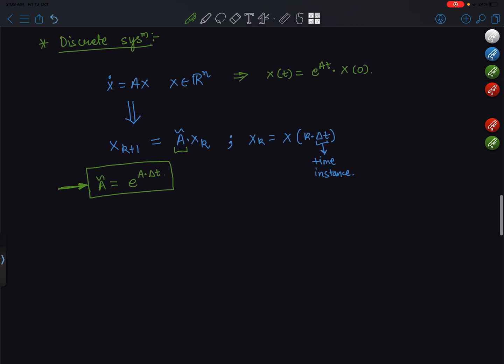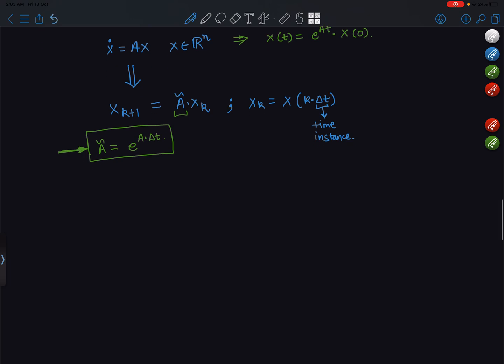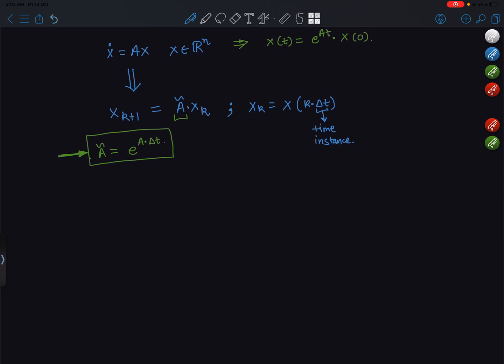Now, we'll see how the system progresses as time progresses. Let's say we have some initial condition x naught, and some dynamics of the system A tilde, and at the first time instant we get a new state x1. What is the state at time instant 2? It is A tilde times x1, which can be written as A tilde squared x naught.